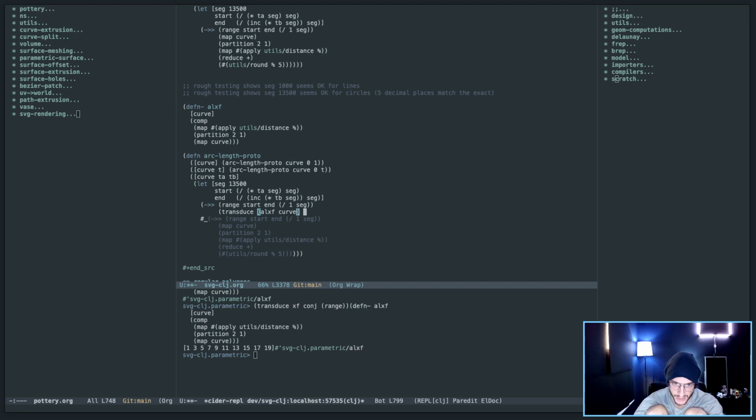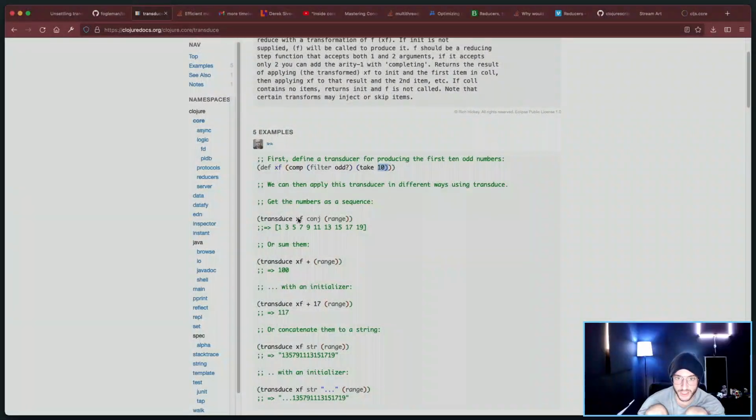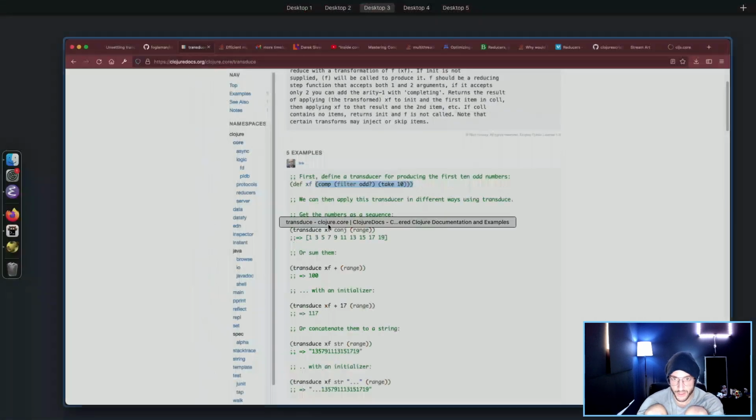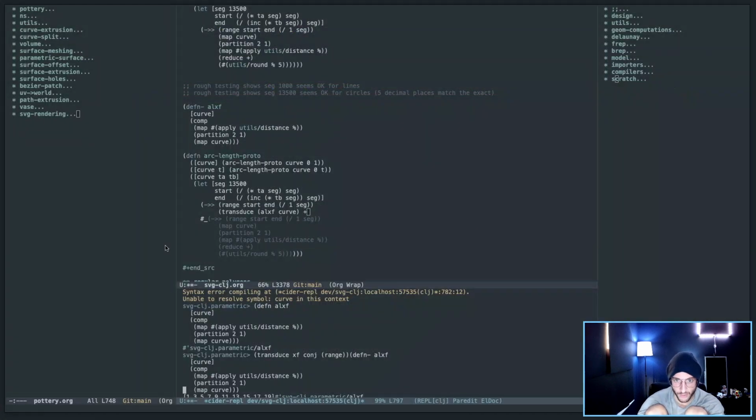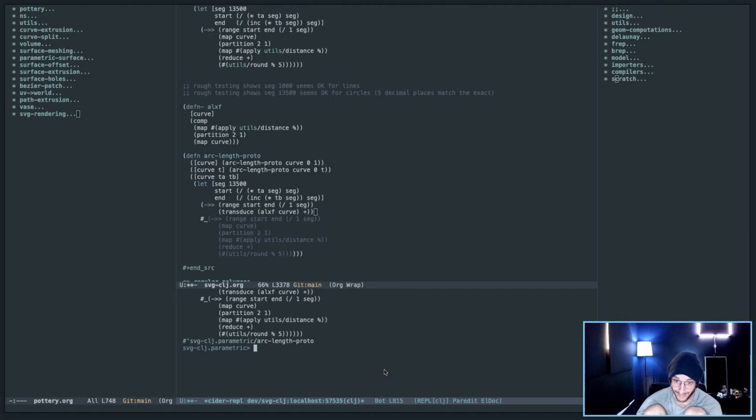So we'll transduce that whole thing with plus to reduce it like I've done based on this example here. Sum them, transduce given the comp function, and plus to group it all together. We know that we're doing a reduce on this anyway, so let's transduce it with plus and see if that works. Maybe.